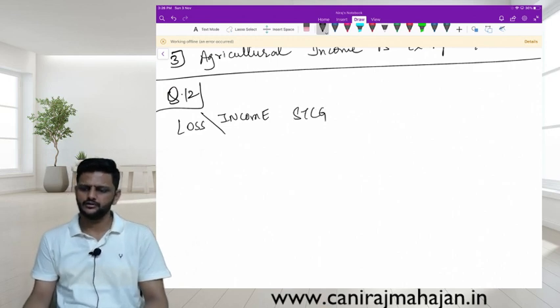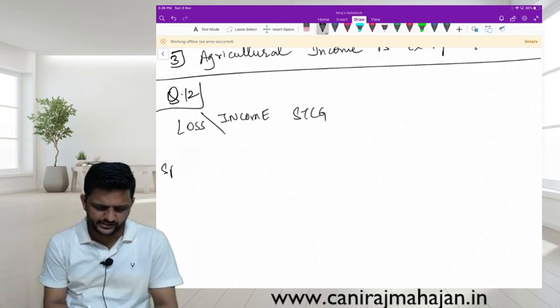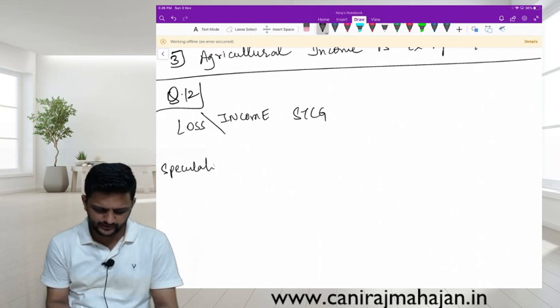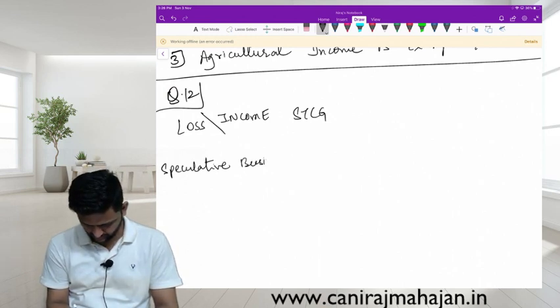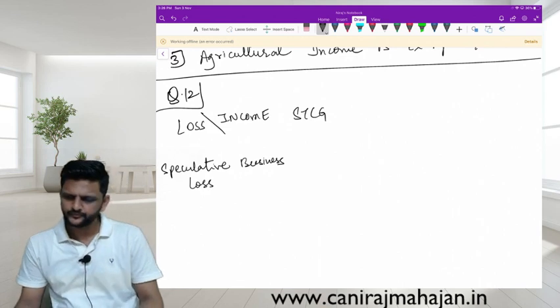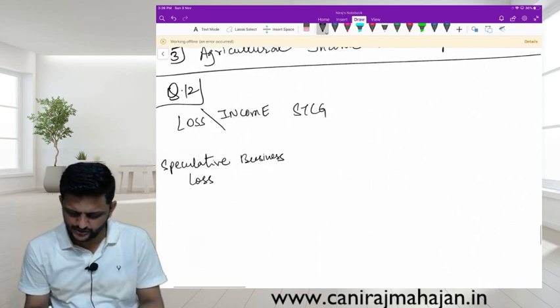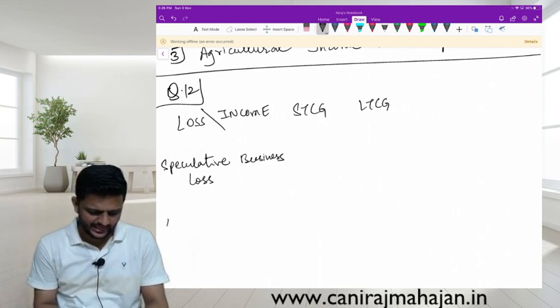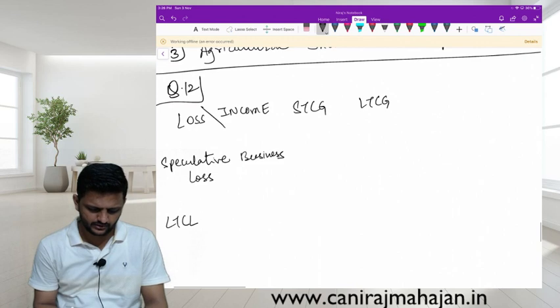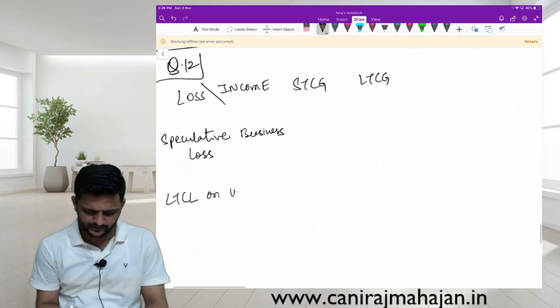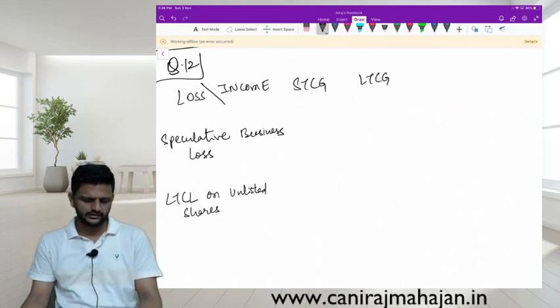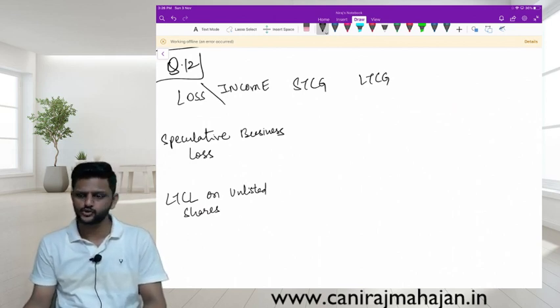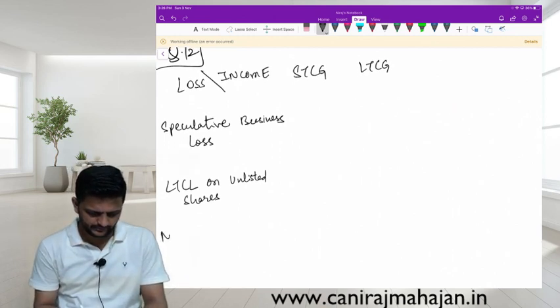STCG, then speculative business loss, correct? Then LTCG, this is your regular. Then LTCL on unlisted shares, correct? We are calling it unlisted. Why? STT is not paid, that's why. Then normal business income.